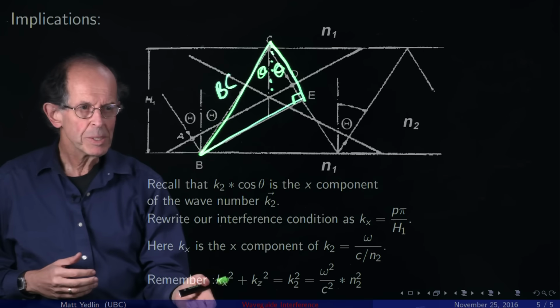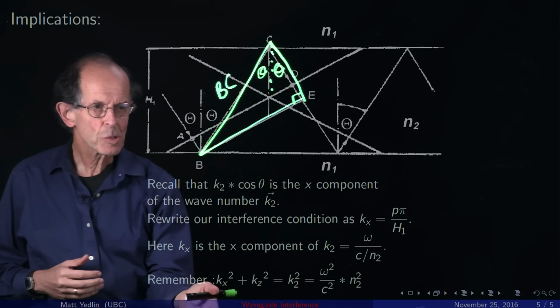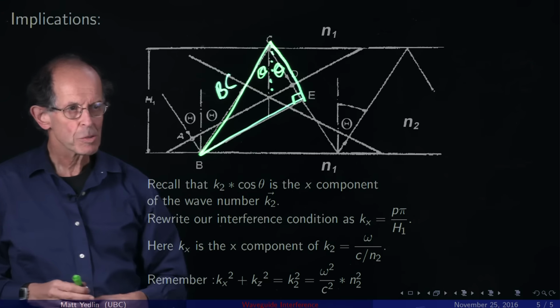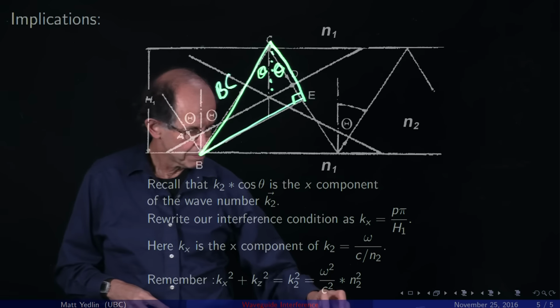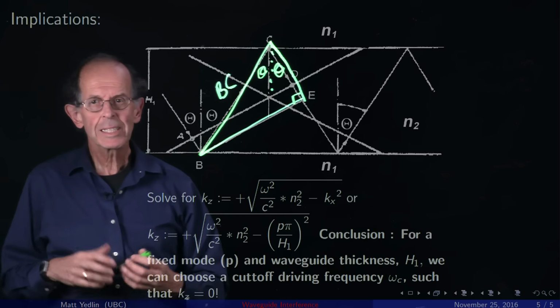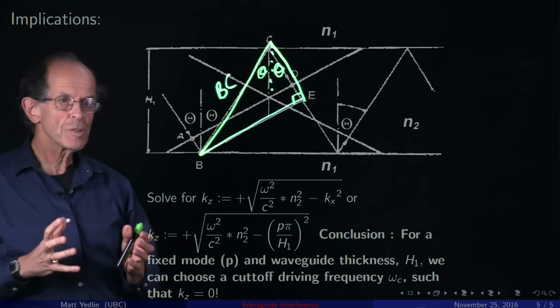Furthermore, we know that we can compute the magnitude squared of k2 as the sum of the squares of kx squared and kz squared. Straight Pythagoras.